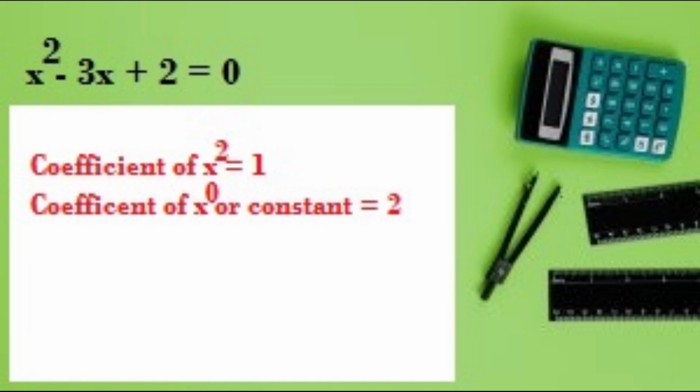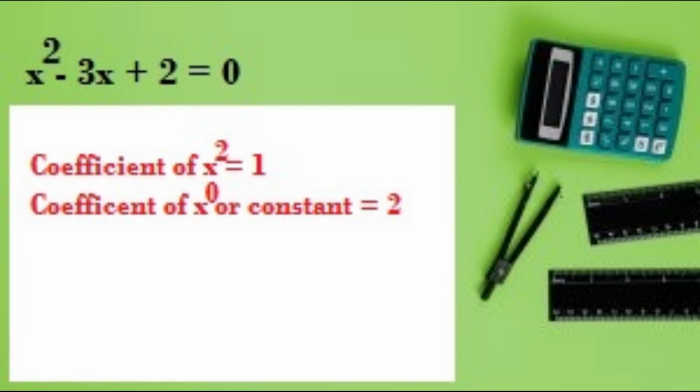So let's start and solve the equation x square minus 3x plus 2 is equal to 0. In this equation, x square minus 3x plus 2, you see that a is equal to 1. I mean, the coefficient of x square is equal to 1, and c, which is a constant, is equal to 2.